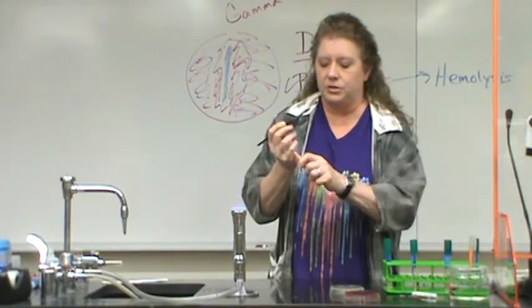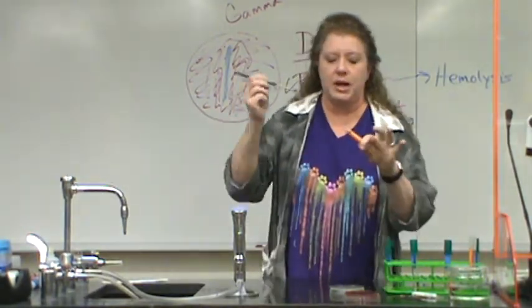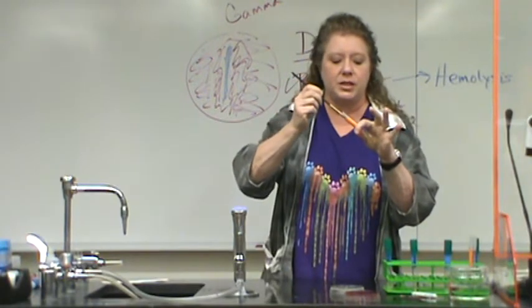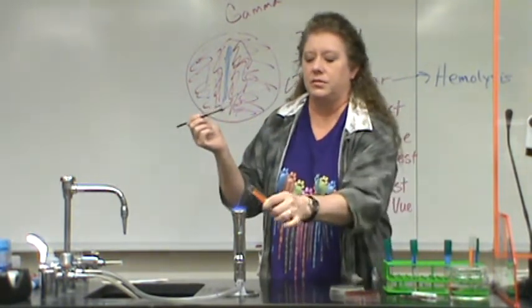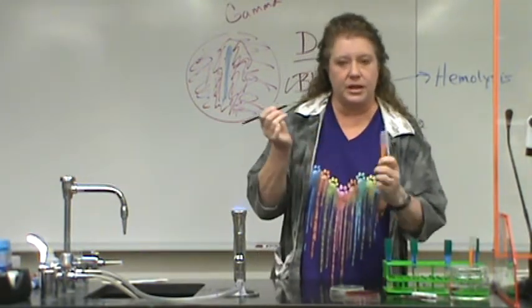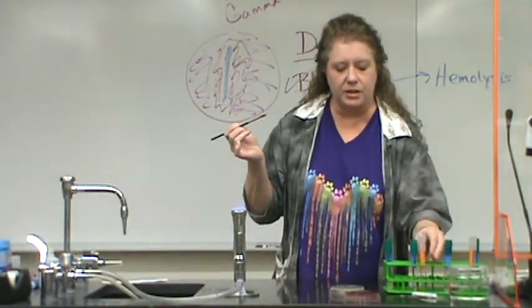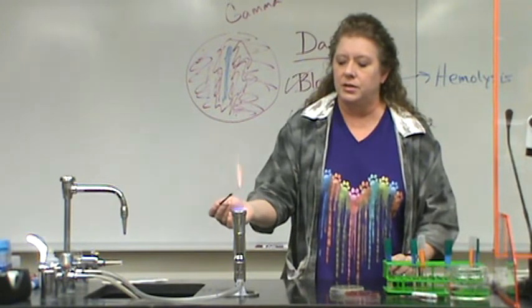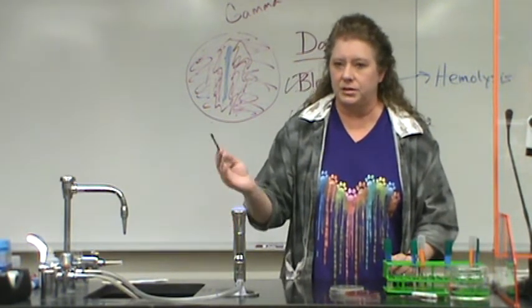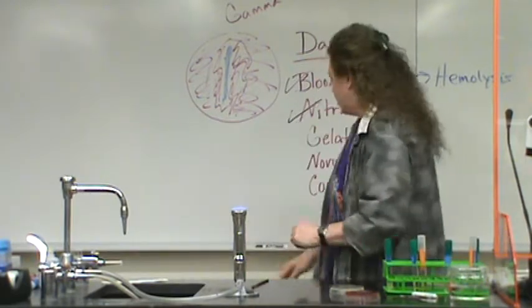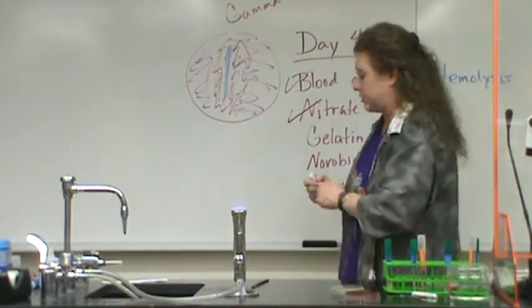Pick up your gelatin tube, flame the top, or it's a semi-solid media. Go in and stab it right into that media. Flame the top, put the lid on. You have completed inoculating your gelatin tube. Flame your loop, because remember there's bacteria on it. Okay, so you have completed the gelatin tube.